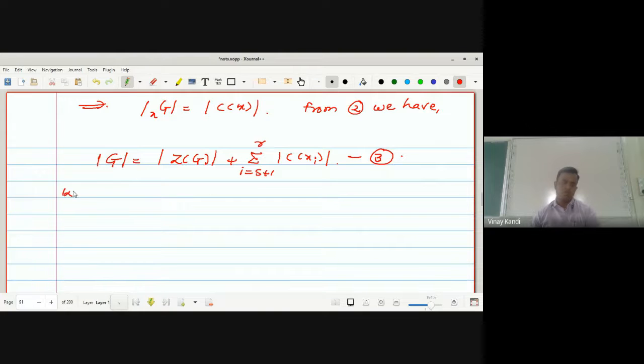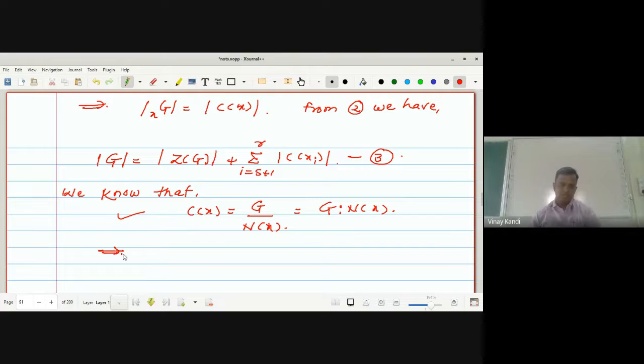Now we know that, here the most dangerous word, we know that. If you don't know it, you can't understand anything. Basic concept: C of X is nothing but the index of N of X in G, that is, the number of cosets of N of X in G, which is equal to the conjugate class.